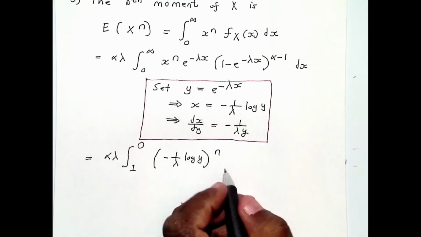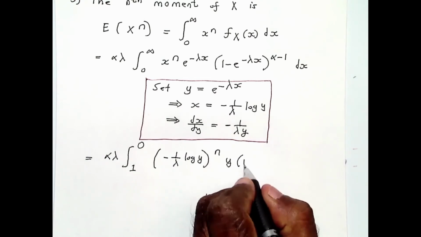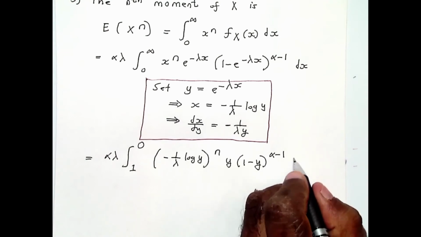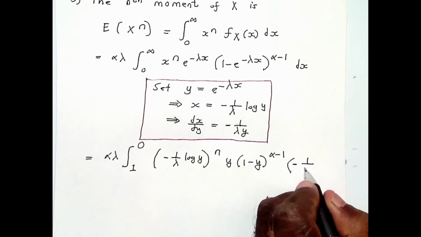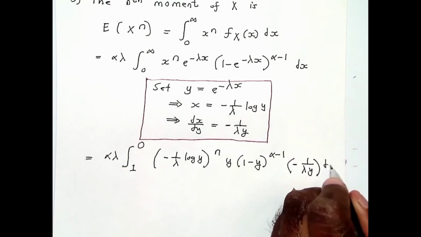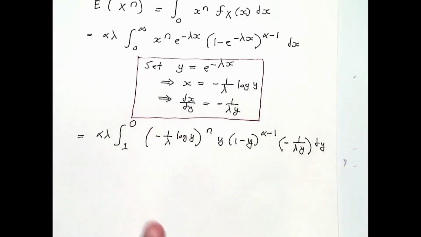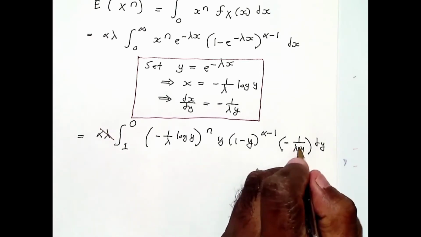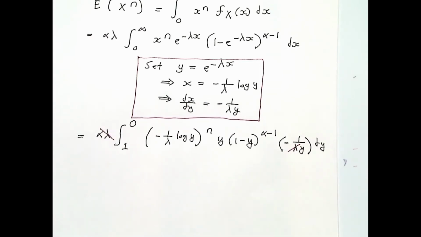E to the minus lambda x is y, then 1 minus y to the alpha minus 1. dx will become minus 1 over lambda y dy. A few things will cancel. The lambda here will cancel out with the lambda here.